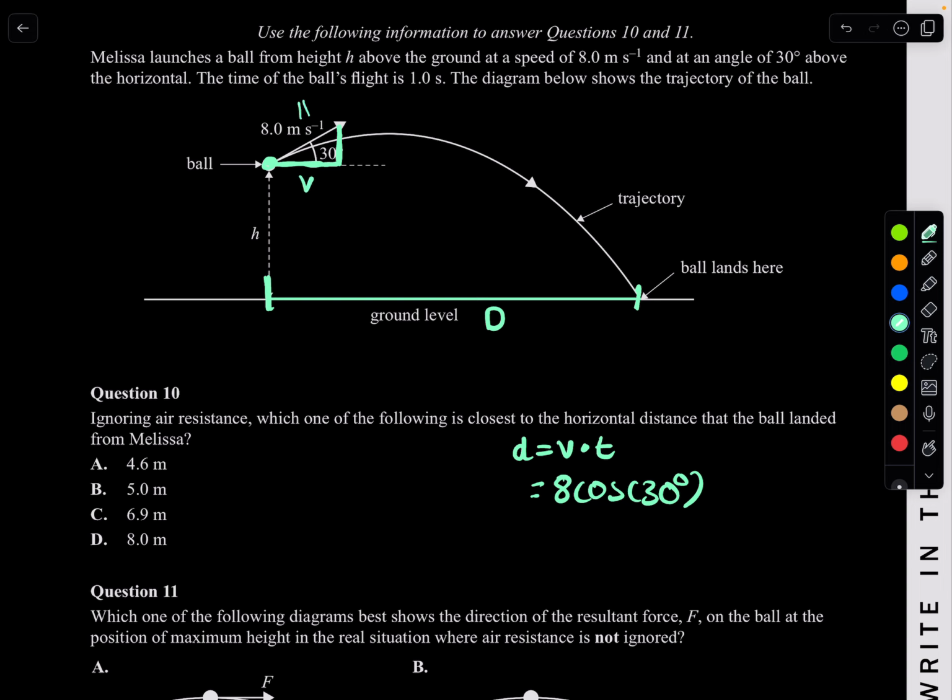Remember, this is your hypotenuse, this is your adjacent, so it's going to be cos, and it's going to be 30. So now we have our velocity, which is always constant, times the time the ball takes to land. They said it's 1 second. Putting that in should give you your horizontal distance. What a nice, beautiful question. Which is 6.93. So it looks like C is your answer for that one.